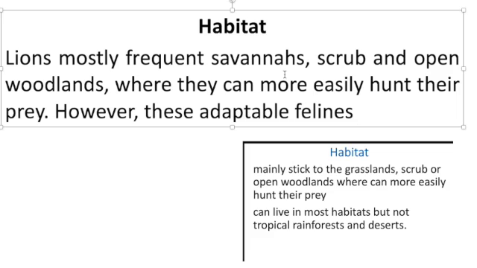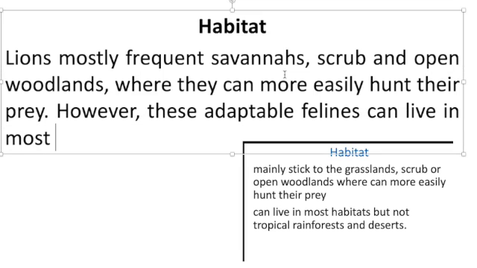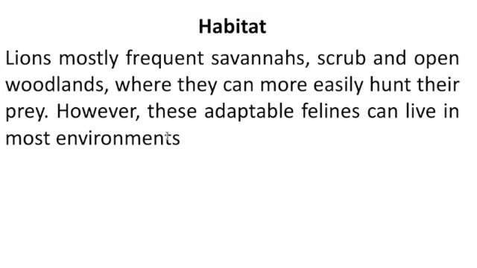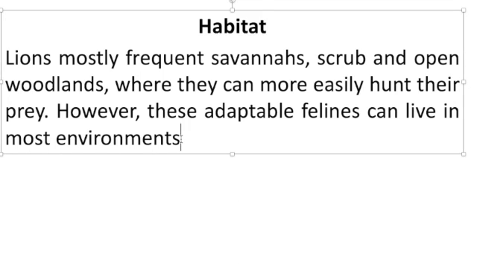However, these adaptable felines can live in most habitats. Well, I've got habitat. I'm going to actually use another word. Environments. However, these adaptable felines can live in most environments, but it did say not tropical rainforests and deserts.